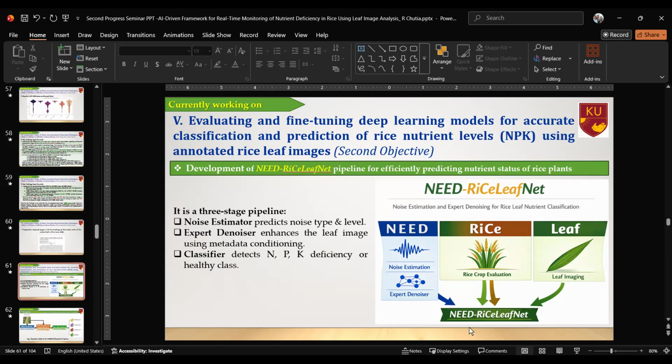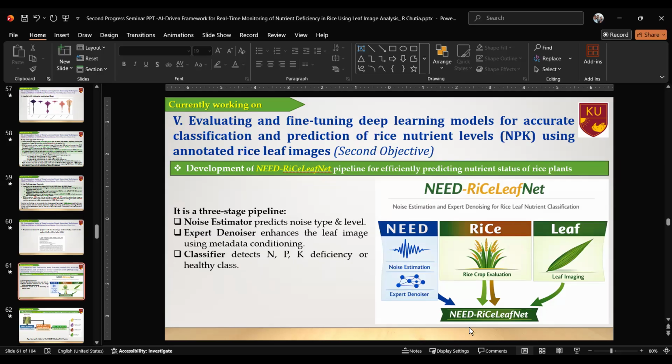My next experiment is to evaluate and fine-tune deep learning models for accurate classification and prediction of rice nutrient levels using annotated rice leaf images. Taking into consideration my past development of the NEAT model, we are using another component to classify NPK levels in rice plants.